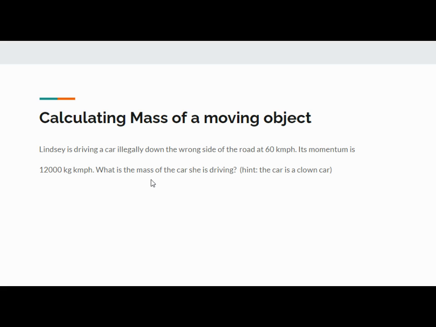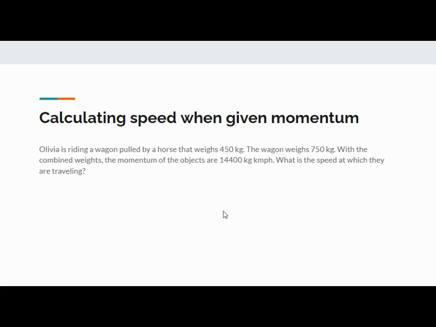She is driving at 60 kilometers per hour, so that will go on the bottom of your triangle. We're looking for the mass, which is also on the bottom of your triangle. So we're taking our 12,000, dividing it by 60 kilometers per hour, and it gives us a mass of 200 kilograms. So not a very small car, but moving at a pretty good speed.